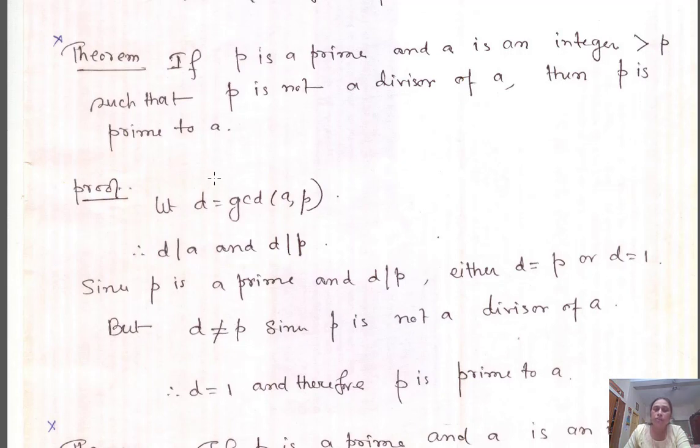So given a positive integer less than P, it is co-prime to P. If you take a positive integer greater than P such that A does not have P as a factor, then A and P are also co-prime.